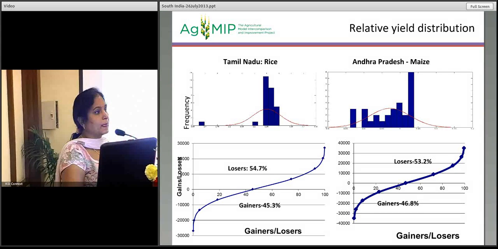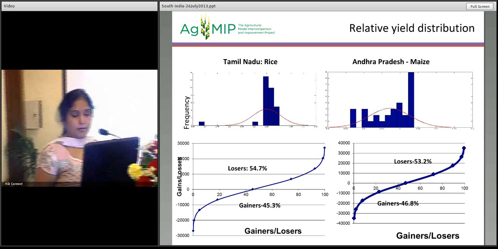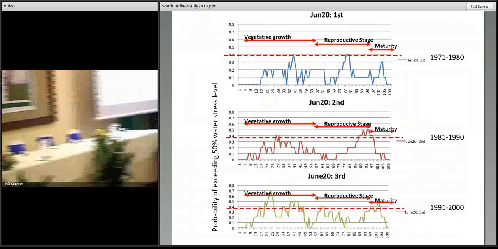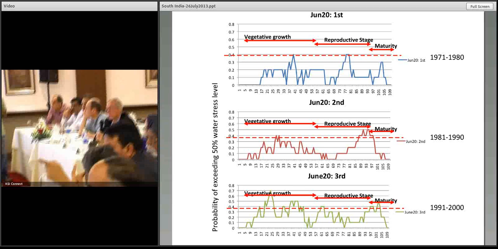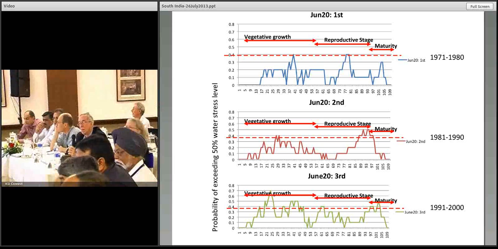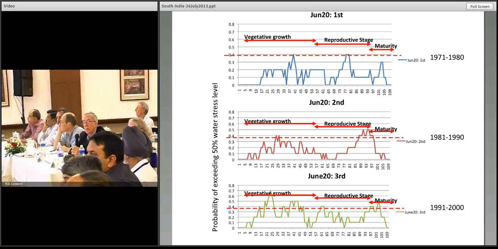Geeta, could you go back to that other question we had, the table where you had the results? The comment was that there are other components of the system that are contributing to gains and losses.